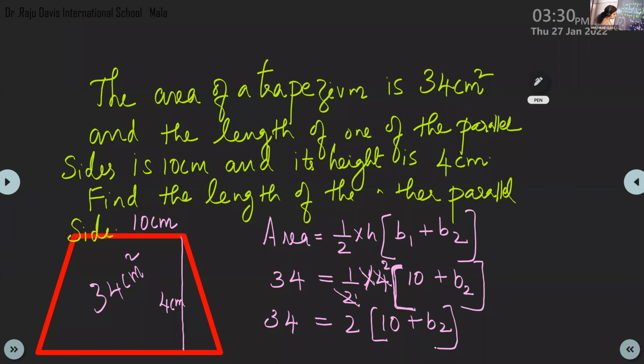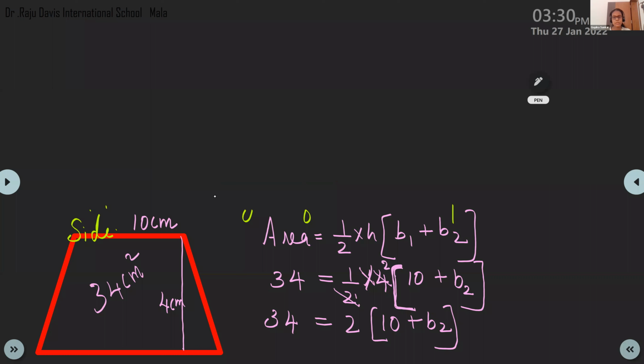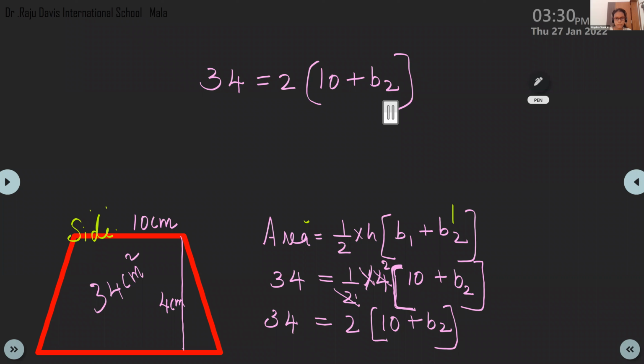Now what to do? Simple equations you have studied, no? Whatever we want to find, make it alone. So the equation is 34 is equal to 2 into (10 plus B2). Which one will we bring to the left side? This is a transposition method; you have studied the method of transposing.